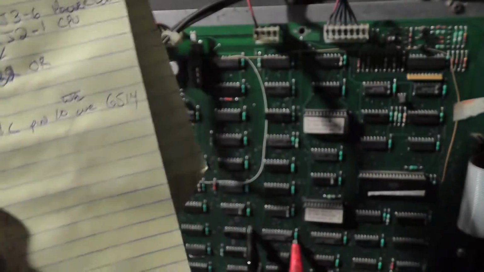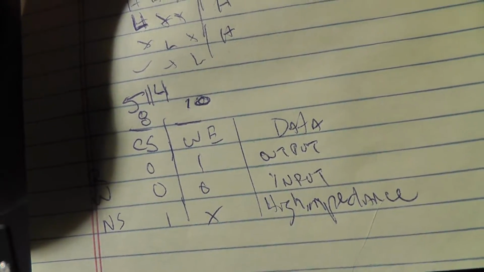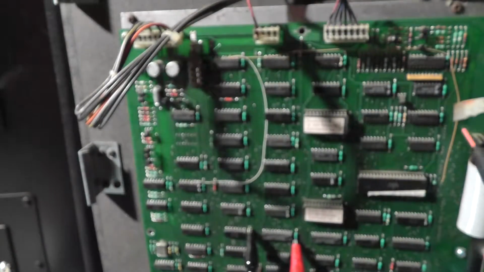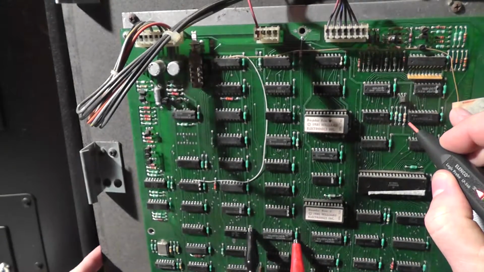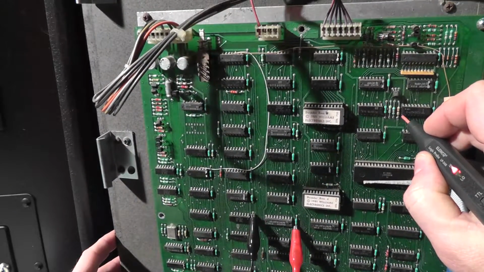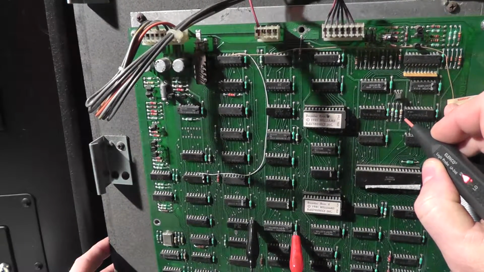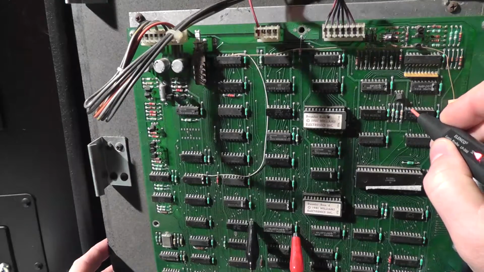Okay, so let's look at that. We're going to look at pin 10 and pin 8 on the 5114. So pin 10 with the door open and the game running is going nuts, right? And if we go to pin 8, it's high.